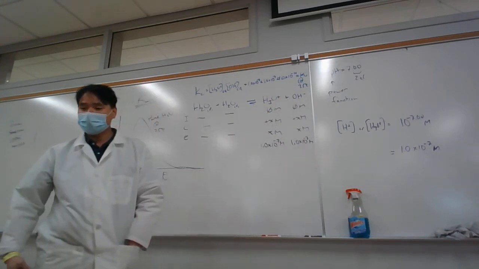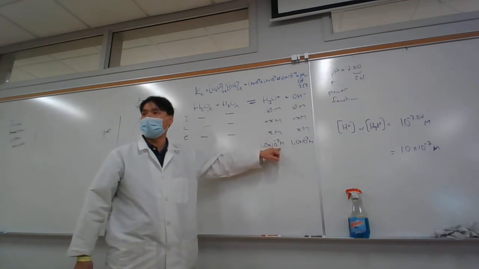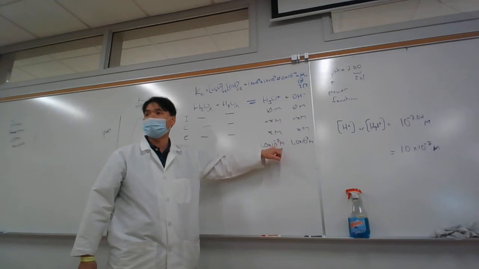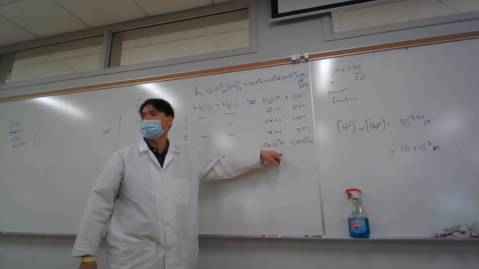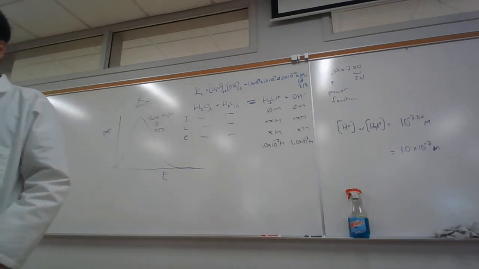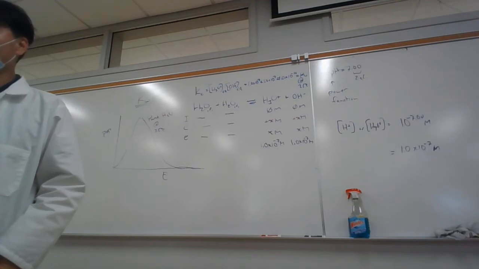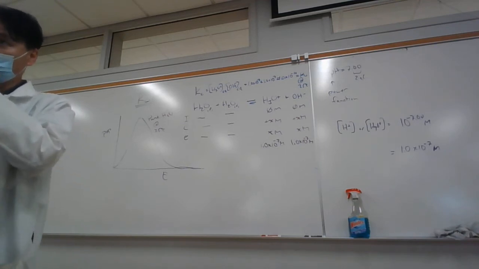However, if I increase the temperature and this goes to, let's say, 10 to the minus 6, 10 to the minus 5, what happened to the pH? The pH went from 7 to 6 to 5. In other words, the pH goes down. So as the temperature increases, we generate more acid and base, and therefore the pH goes down.